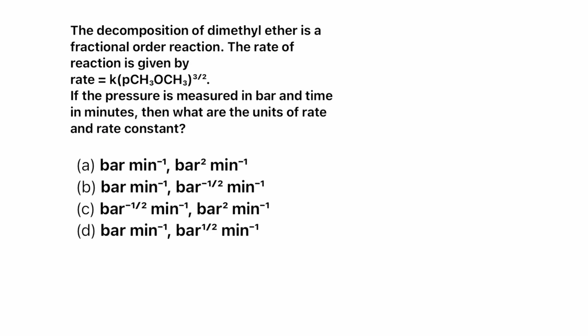The decomposition of dimethyl ether is a fractional order reaction. The rate of reaction is given by rate is equal to K into pressure of CH3OCH3, instead of concentration, pressure is given, raised to 3/2.